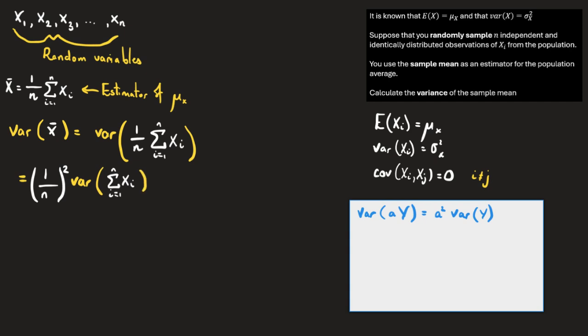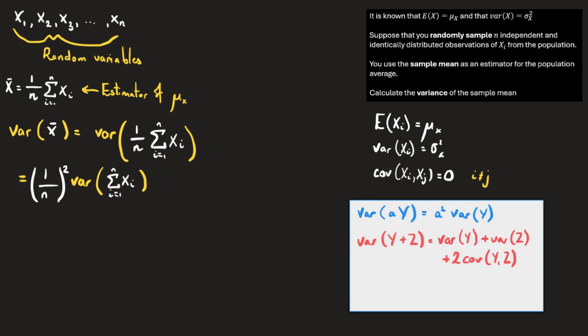We also know that the variance of any sum of random variables, if it's the variance of y plus z, would be the variance of y plus the variance of z plus 2 lots of any covariance terms.